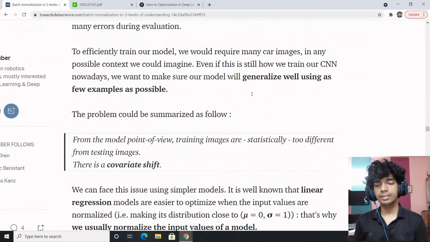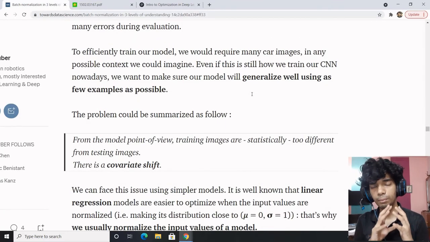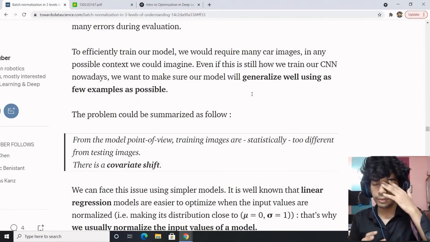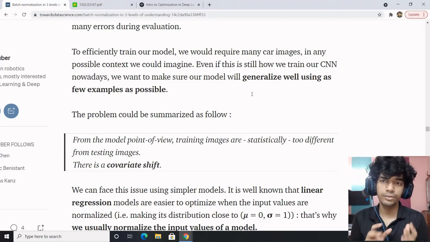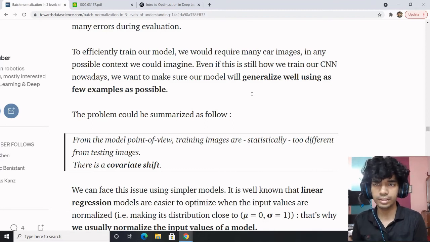So covariate shift is like this: if the training images are statistically quite different from the testing images and you observe a drop in the testing performance, that can be attributed to the training images being statistically different from the testing images, and that is what you call data drifting, or what they call covariate shift.